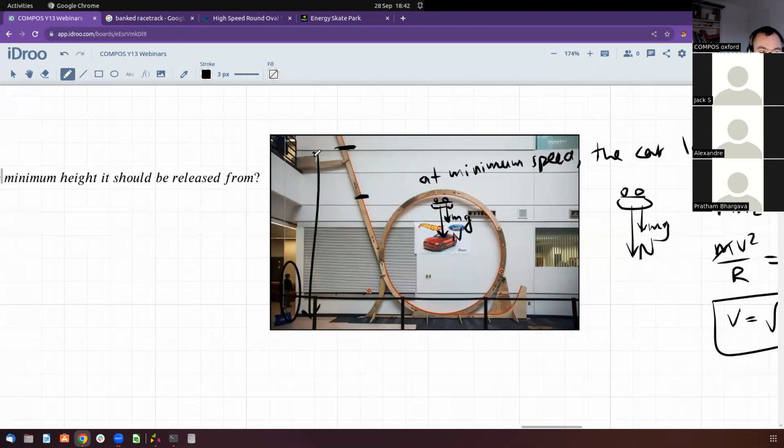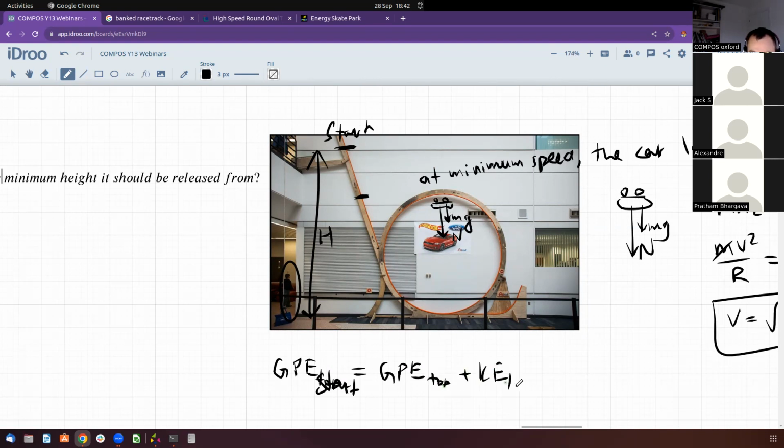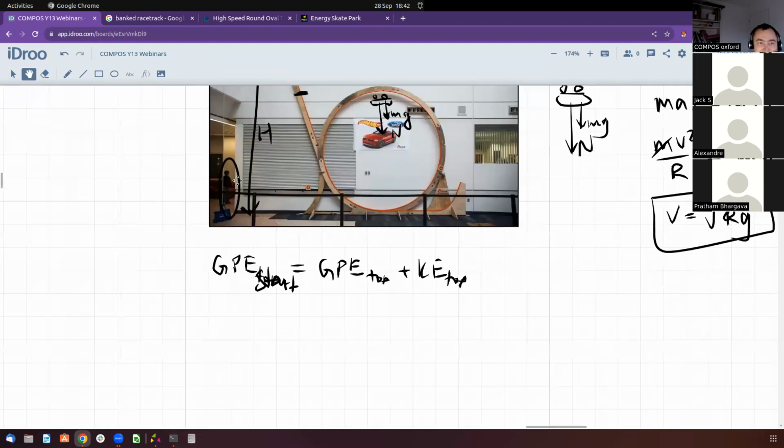Let's call it H. The gravitational potential energy at the start is equal to the gravitational potential energy at the top of the loop, plus the kinetic energy at the top of the loop. I hope that makes sense.